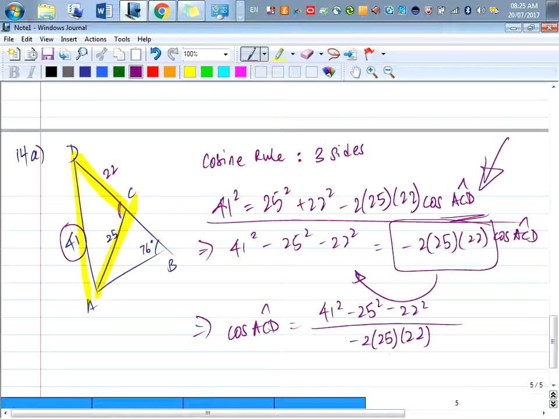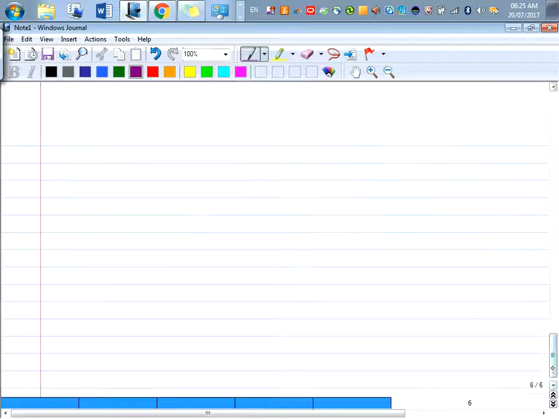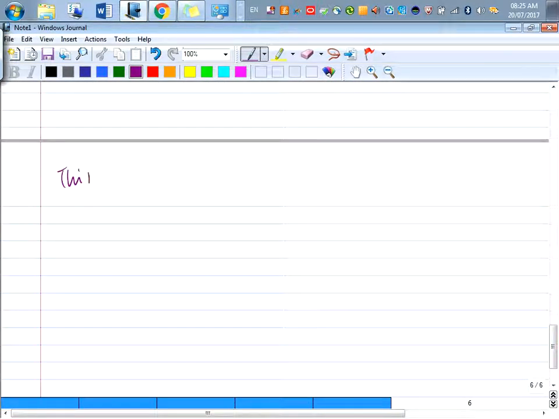Okay, we only have a few seconds left. Go ahead and think about 14b. I don't need you to do it, just think. Page 77, 14b.